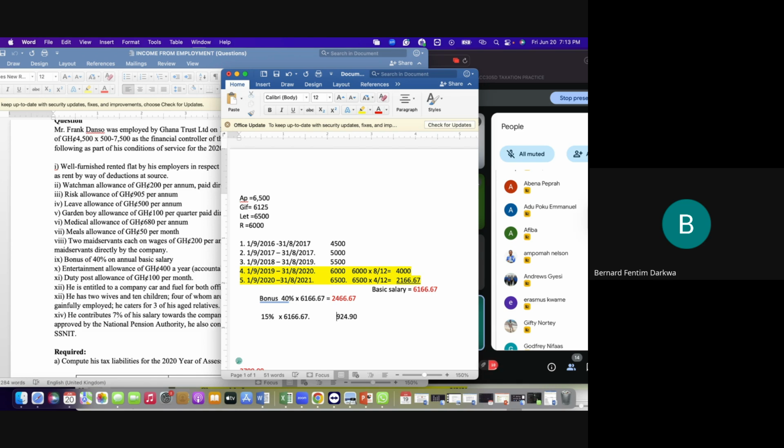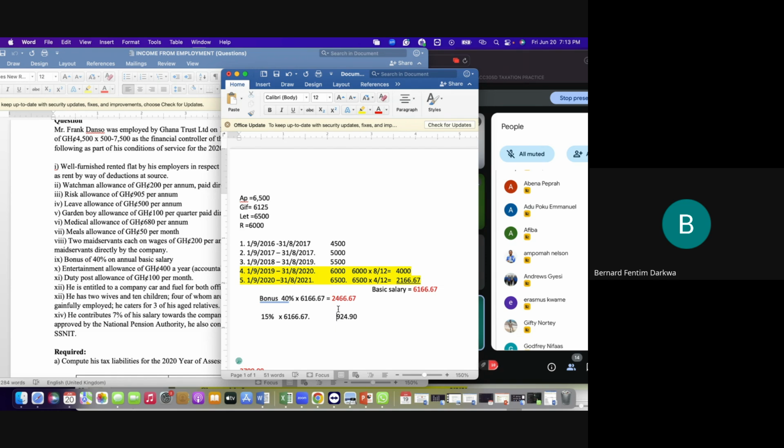So what this one means is that it's like we are saying that somebody received a bonus of 2,466 and his basic salary is 6,100 and something. So all that you need to do is that bonus calculation, bonus should not exceed 15% of the base salary. If any bonus exceeds 15%, the excess will be treated as part of cash allowance.